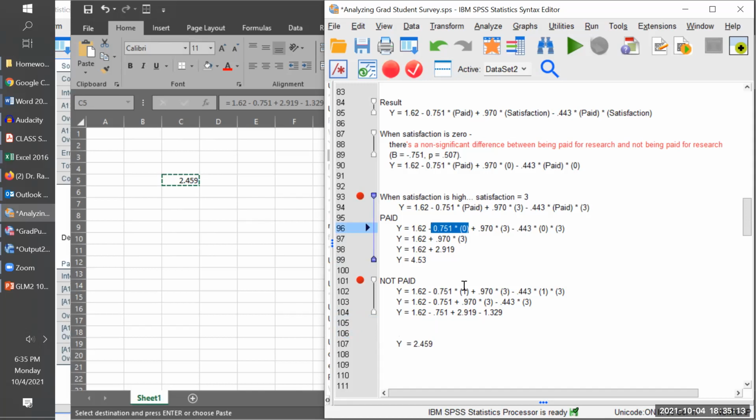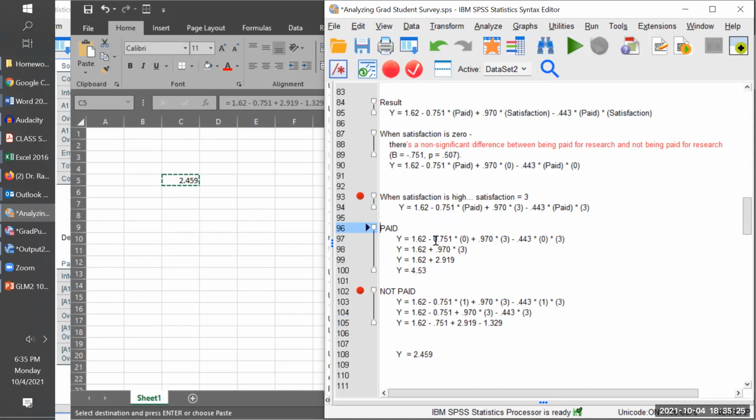That's the difference between paid and not paid. Oh, I was trying to look at the difference between the slopes when satisfaction is high and when satisfaction is low. So here it's 0.751.